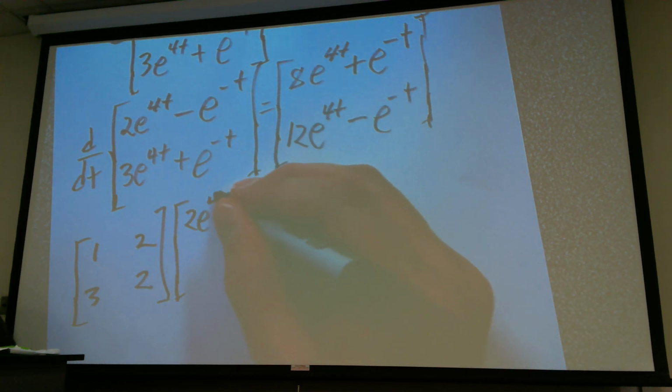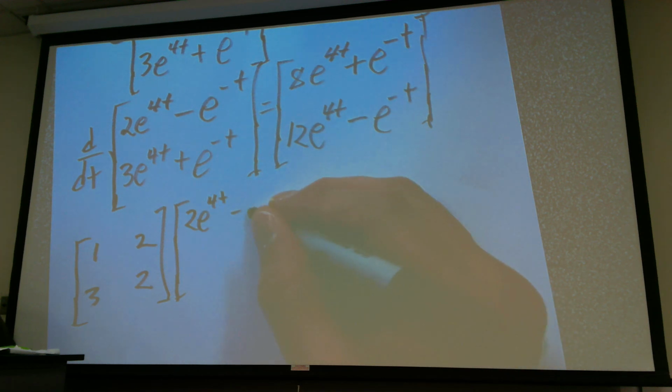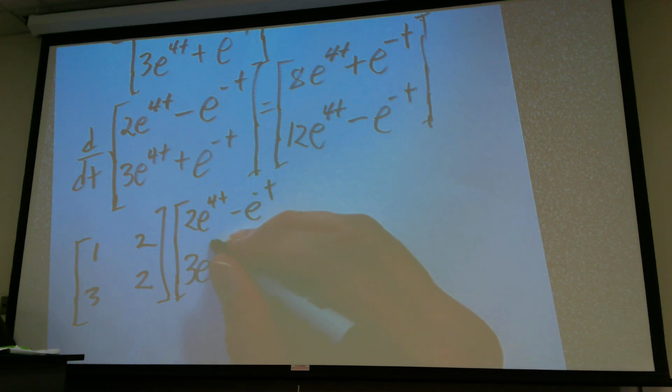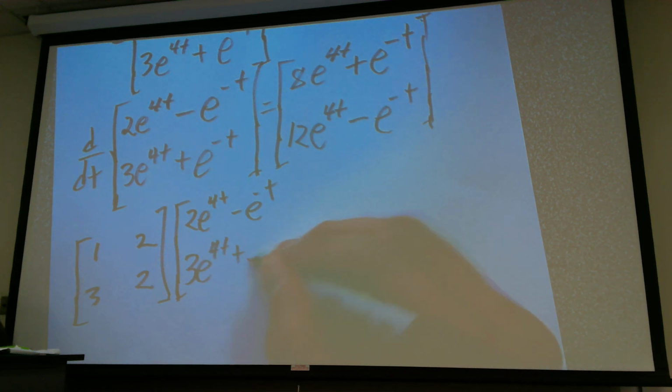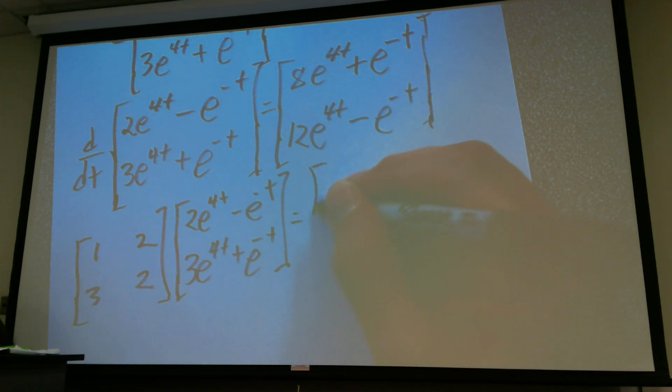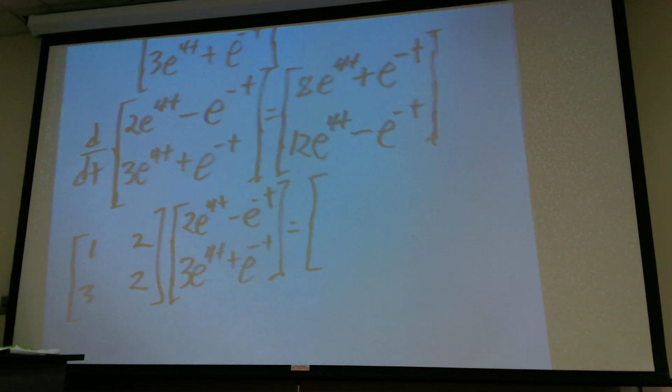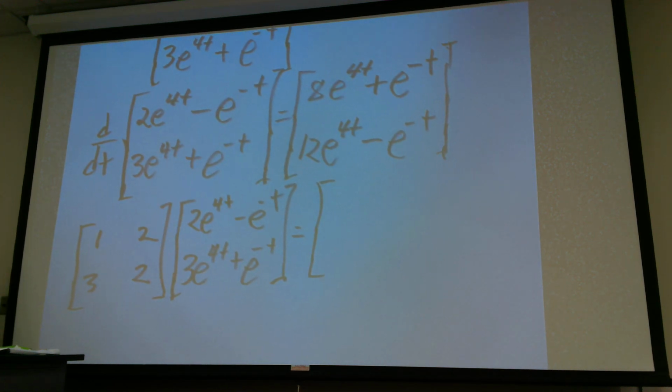2 e to the 4t minus e to the minus t, 3 e to the 4t plus e to the minus t. Okay.